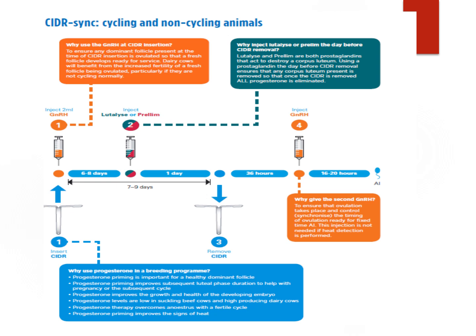So they can blindly use this protocol both for cycling and non-cycling animals without relying on the days of the estrus cycle or stage of the estrus cycle. This will cause all the animals, whether cyclic or non-cyclic, to ovulate at the same time, and then we can go for AI of all those animals.